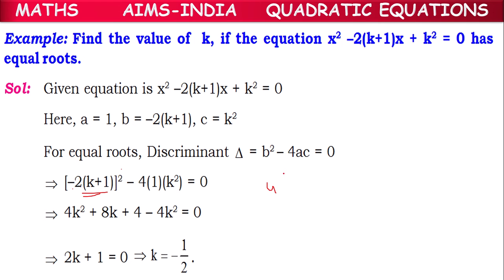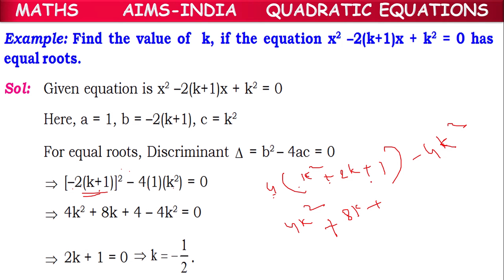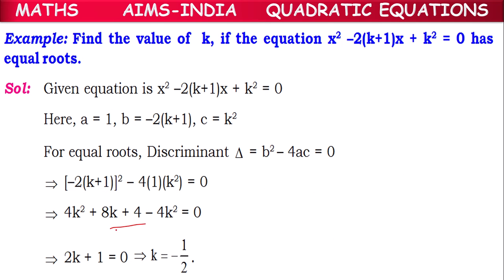Minus 2 whole square means 4, k plus 1 whole square means a square plus 2ab plus b square, minus 4 into 1 into k square, 4k square. If you multiply this, 4 into k square, 4k square, 4 into 2k, 8k, 4 into 1, 4, minus 4k square. So 4k square and minus 4k square cancel, leaving 8k plus 4 equal to 0.